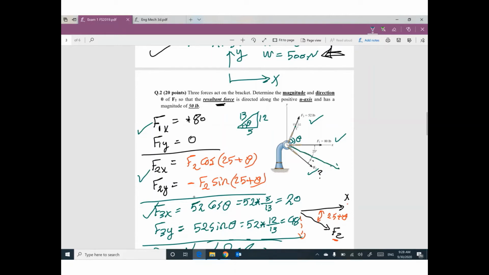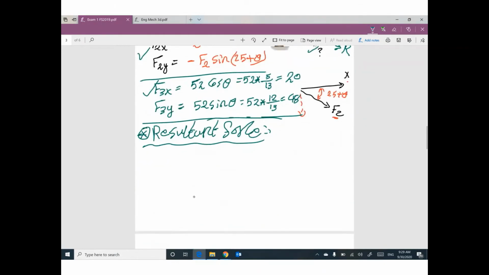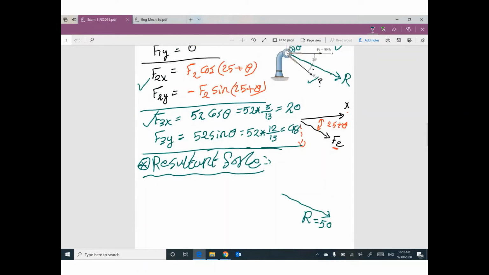Here is the R. The value of this R equals 50. So we have a value here called R equal 50 in the same direction as U. Actually, I don't care.